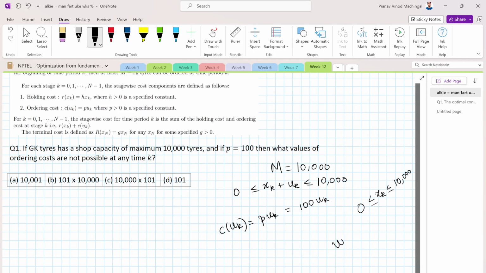So that means your uk is also between 10,000 and 0.